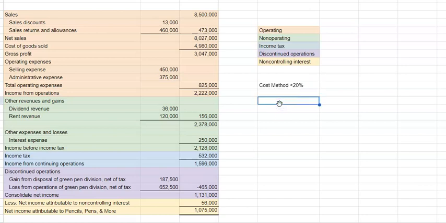So what that means is we would have used something called the cost method if we acquired less than 20% of another company's stock. So for example, let's say that Pencil, Pens, and More acquired 15% of an eraser company. If it's 15%, we use the cost method. It's not really covered here in this one, but we'll probably go over it in theory too. So you'll see that again later.